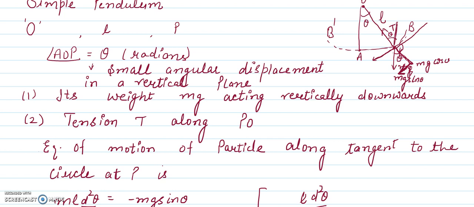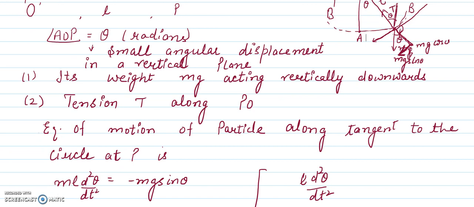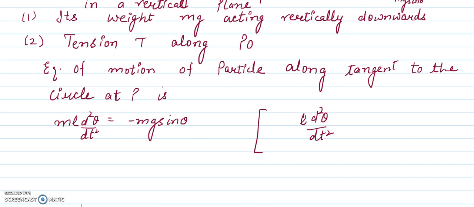So the restoring force is in this direction and the particle is moving in this direction. So that's why we have taken the negative sign over here, and this is the equation of Newton's second law showing that mass into acceleration is equal to effective force. So L into d square theta by dt square is equal to minus g sin theta.